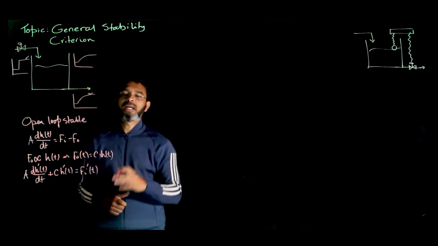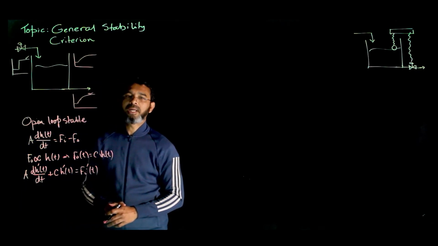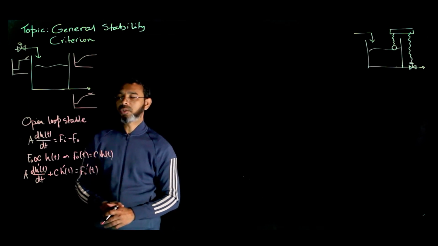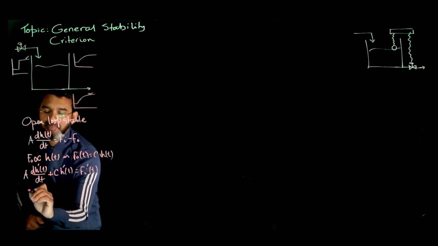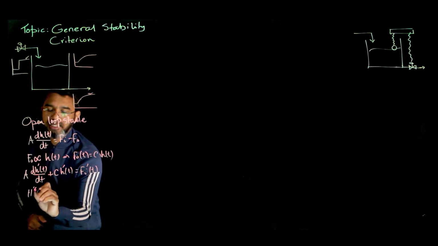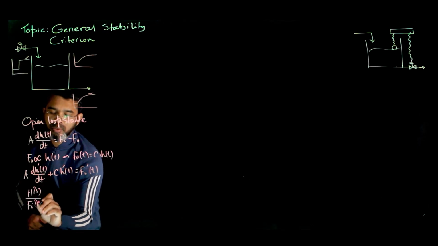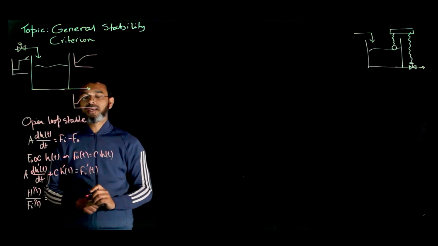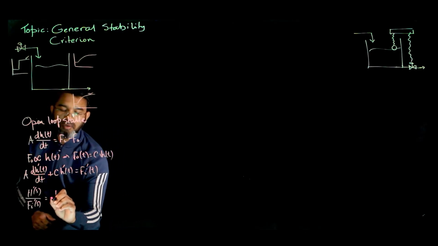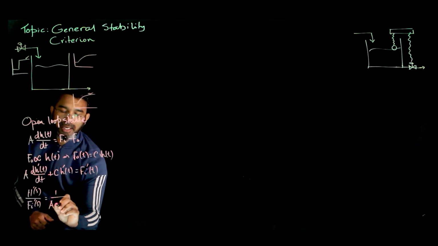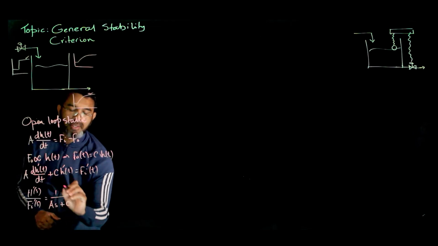I'm not going into the detail of this. We have done it, and I assume we can do it. So we'll have then in the Laplace domain H prime s over Fi prime s will be 1 over As plus C.